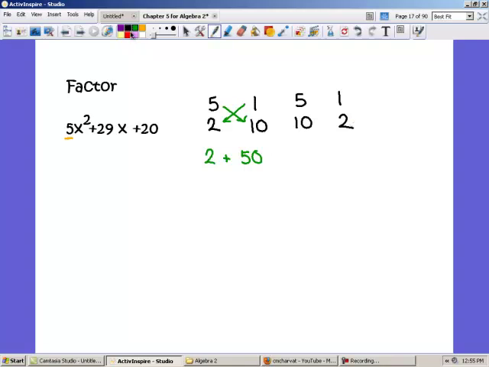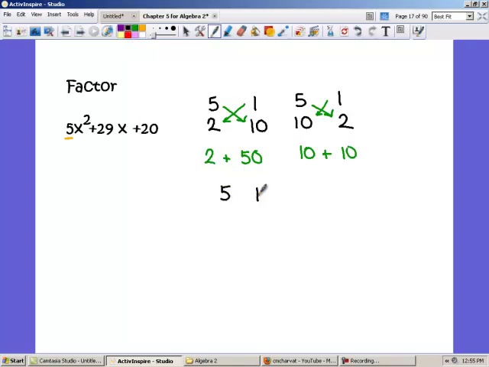And now we can cross multiply again. So 1 times 10 is 10. 5 times 2 is 10. And if we add these up, we're getting closer, but that only gets us 20, and we need 29. So 2 and 10 maybe are not the right factors of 20 that we need to use. So let's try a different one.